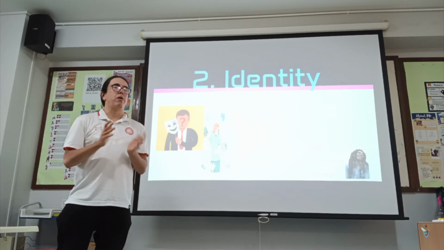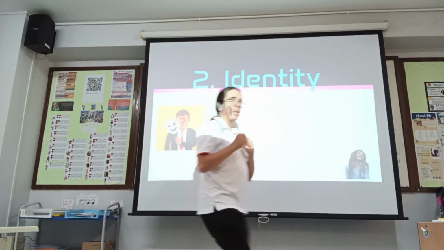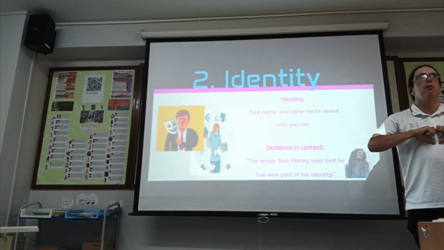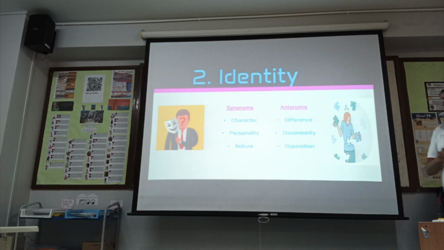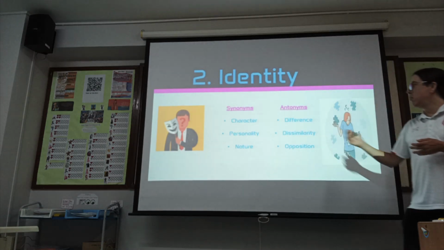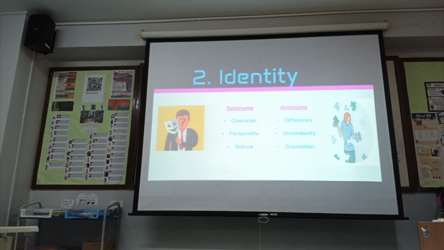Those are all things about my identity. And the singer Bob Marley said that his hair, his dreadlocks, were part of his identity. So synonyms would be character, personality, and nature. Antonyms would be difference, dissimilarity, and opposition.